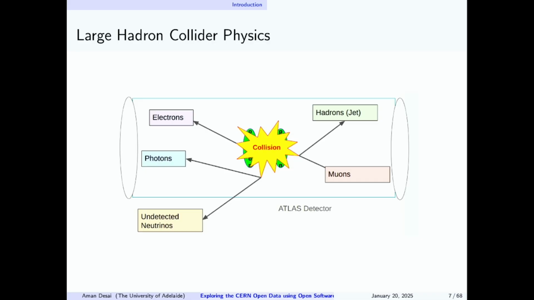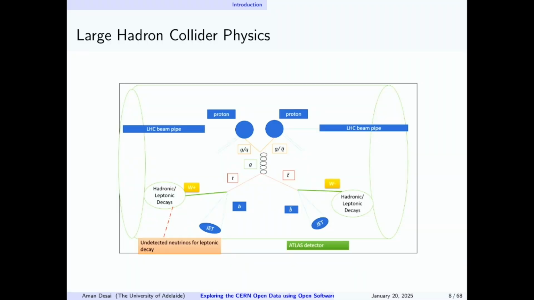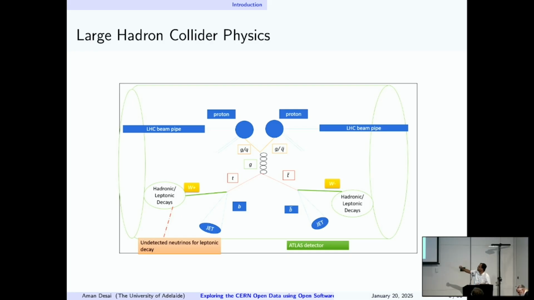All this data is going to be about these particles, and we'll discuss briefly about all of these in the coming slides. Just as an illustration, this is one of the typical events where a collision happens, and you have a top quark, which is the heaviest quark produced, and then it leads to some other particles like jets and leptons, and as you can see, this is really complex.